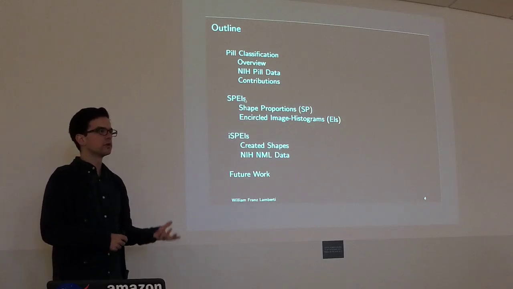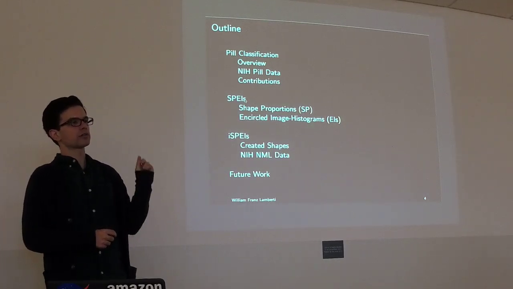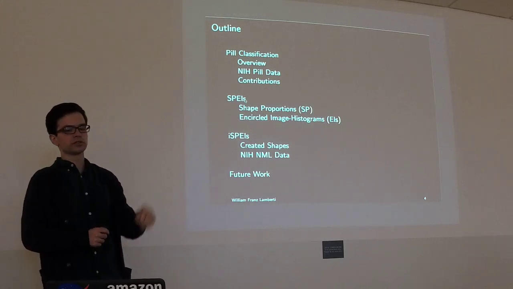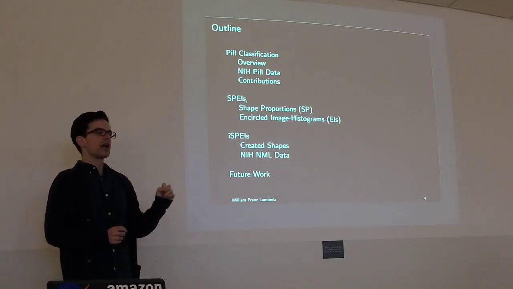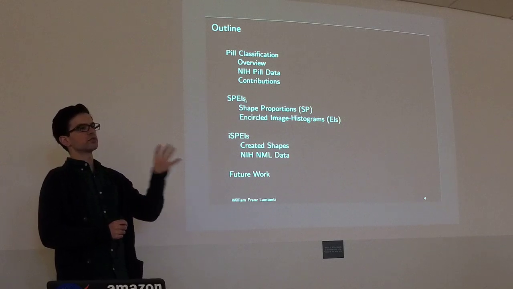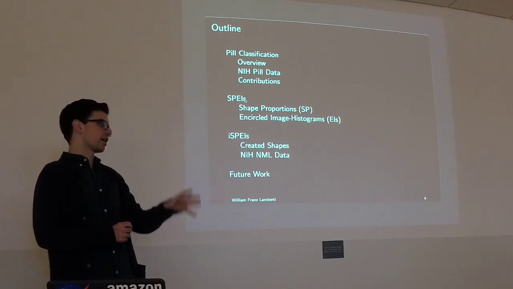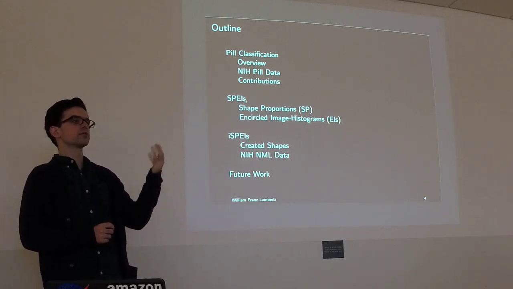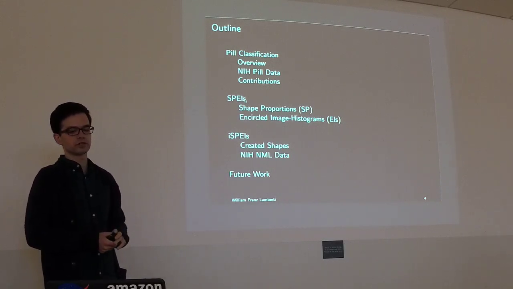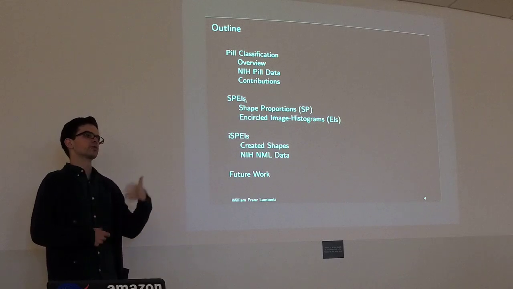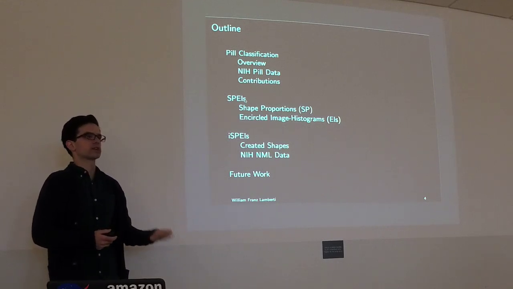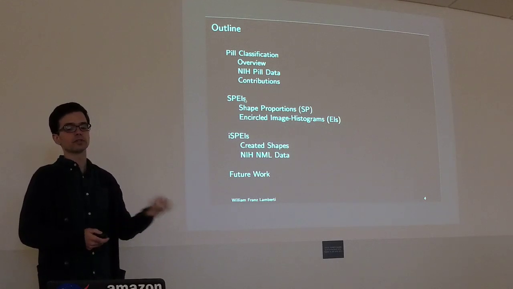I'll do a review of what SPEIs are, or what shape proportions and encircled image histograms are, and then I will get into the meat of the contributions, which is the iSPEIs, the inferential shape proportions and encircled image histograms, and then I'll end on some future work and directions that I hope to take this.